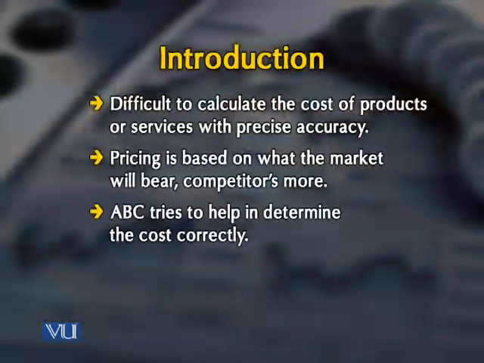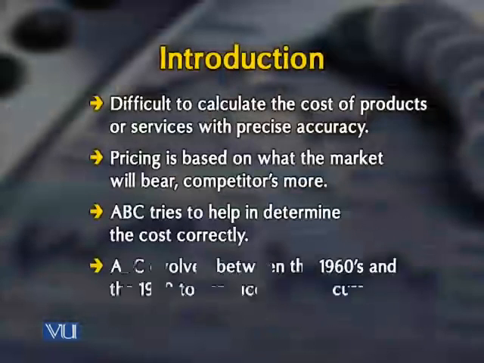We used to say that the first and foremost objective of cost accounting is to set the selling price, because if you don't know your cost, you can't set the right price. ABC tries to help in determining the cost correctly. I'm not suggesting that you can come up with the exact cost in any case, but we should try at least that the cost should be as correct as possible.